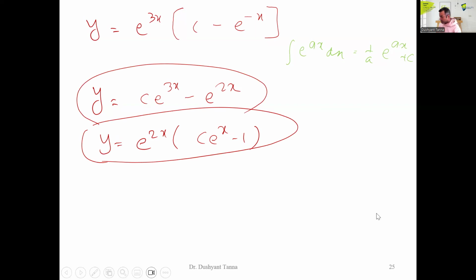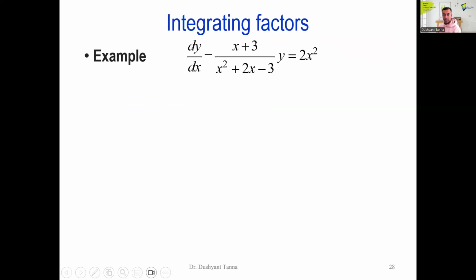Right, so that was an extra question that I had. Again, pause your recording and try to handle this question. dy by dx minus this bit times y is equal to 2x squared.